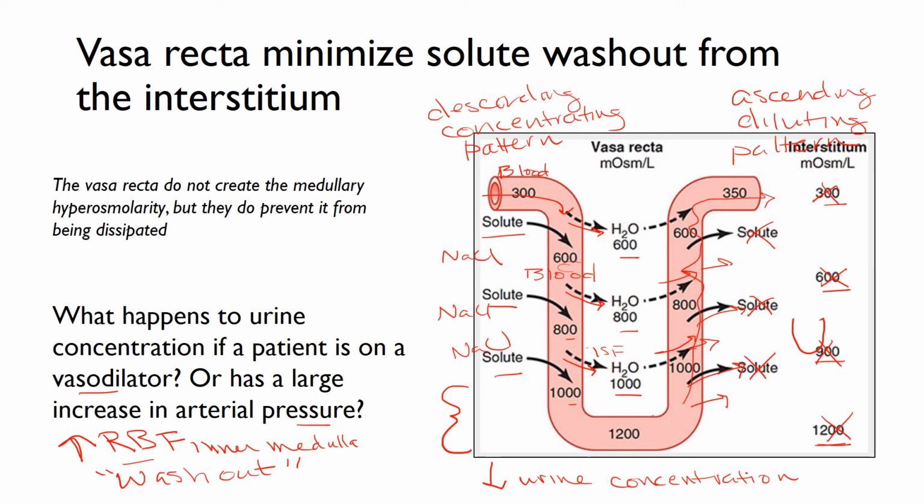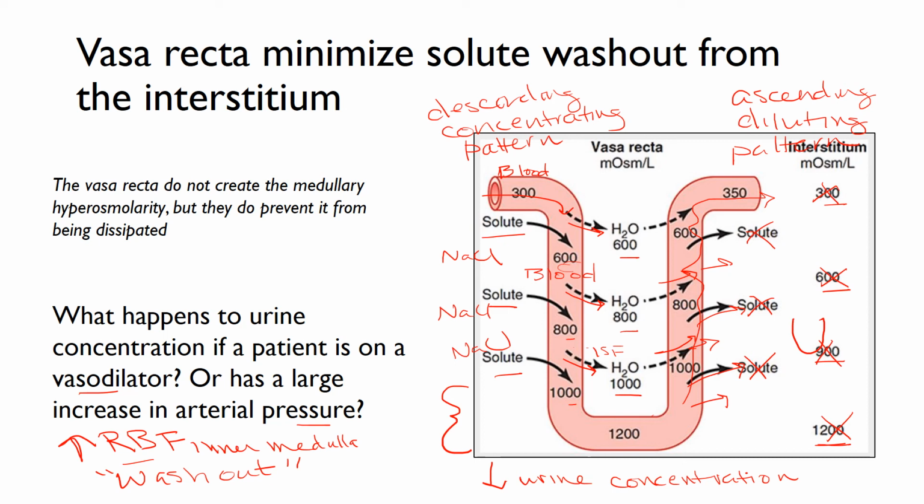There is an exchange of solutes and water in and out of the vasa recta and the interstitial fluid. The length of the loop of Henle and the movement of those solutes, such as sodium chloride and urea, can determine the maximum concentration of the solutes in the tubular fluid.